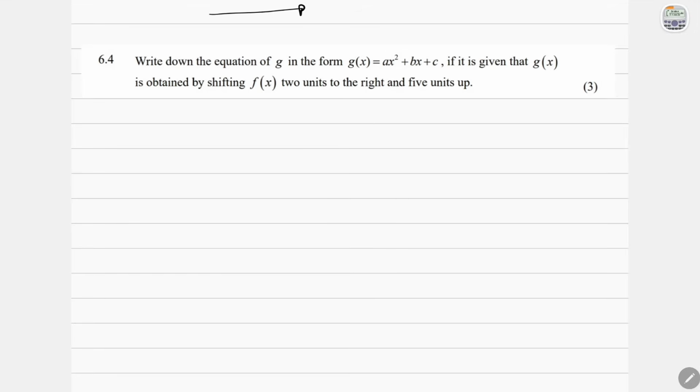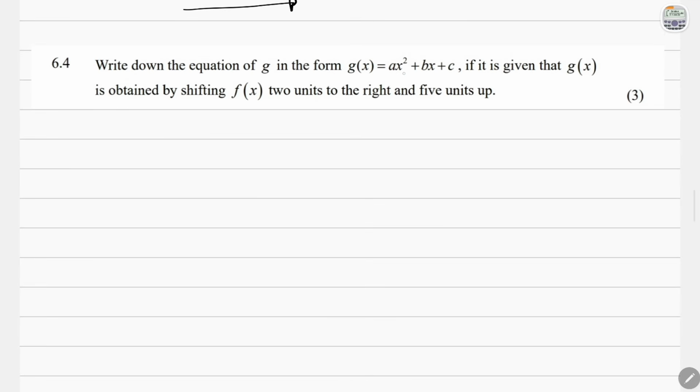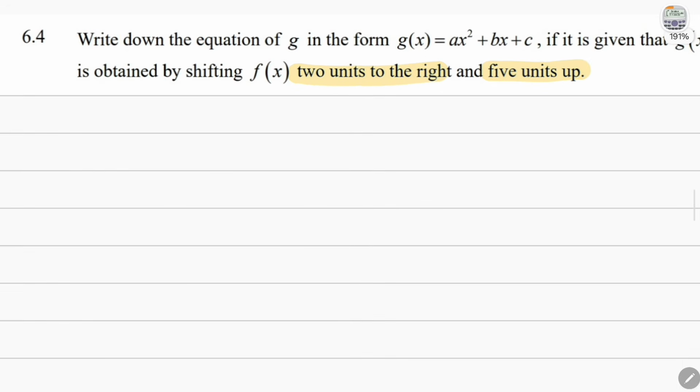Question 6.3 says, write down the equation of g in the form of g of x equals ax squared plus bx plus c if it is given that g of x is obtained by shifting f 2 units to the right and 5 units up. So just think about the translation. 2 units to the right.